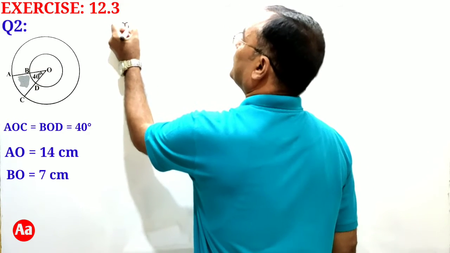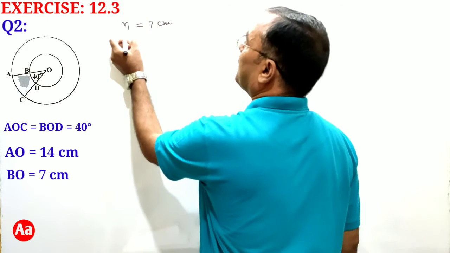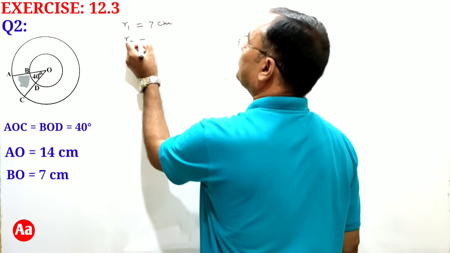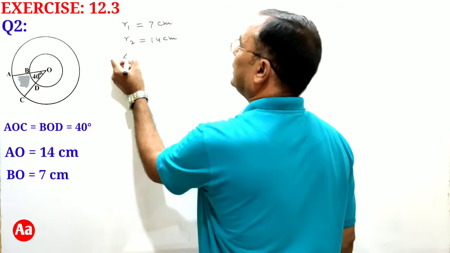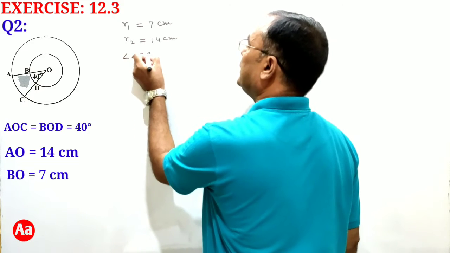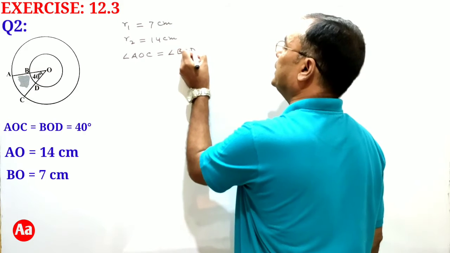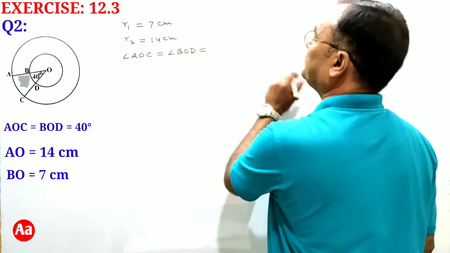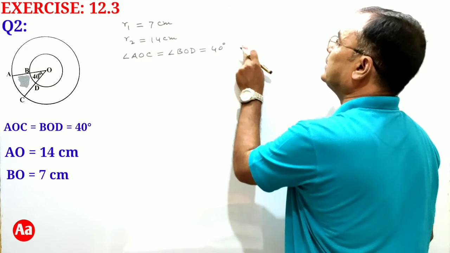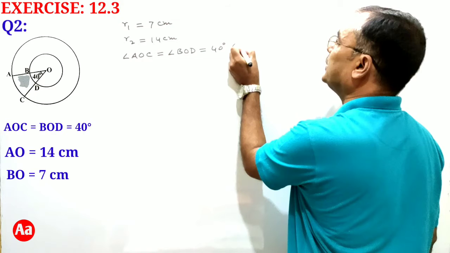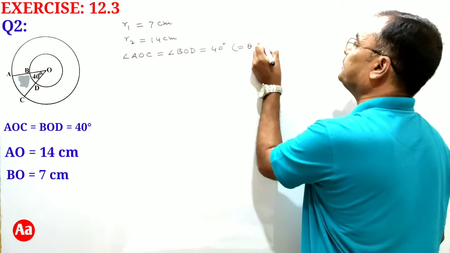So R1 equal to 7 cm and R2 equal to 14 cm. Angle AOC will be equal to angle BOD, 40 degrees, and let's write this 40 degrees as sector angle theta.